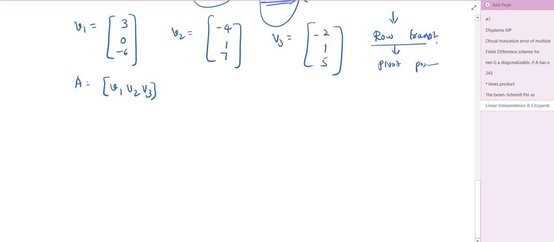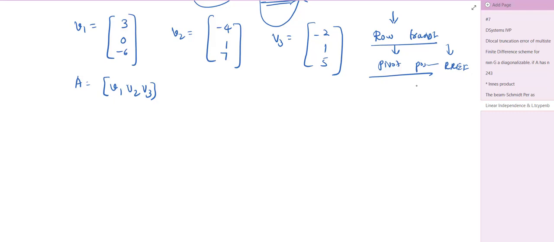Or, if no vector is a linear combination of the other columns, then it is linearly independent. Also, in terms of the invertible matrix theorem, if the matrix is invertible, then the corresponding columns will be linearly independent.